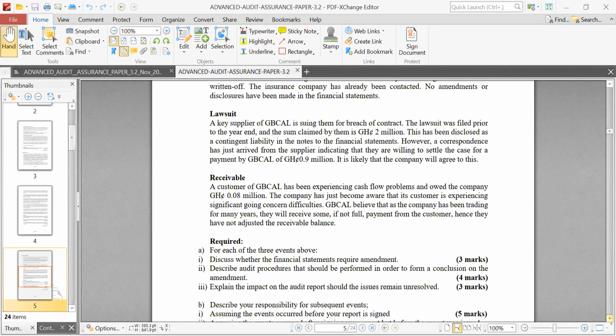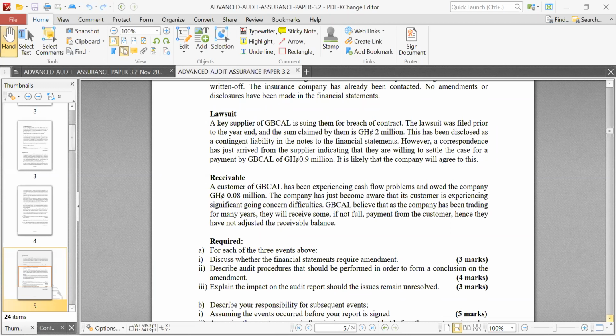Describe audit procedures that should be performed. So let's take it one by one. What are some of the audit procedures, like we talked about? The 9 audit procedures I gave you will usually apply to all of this.